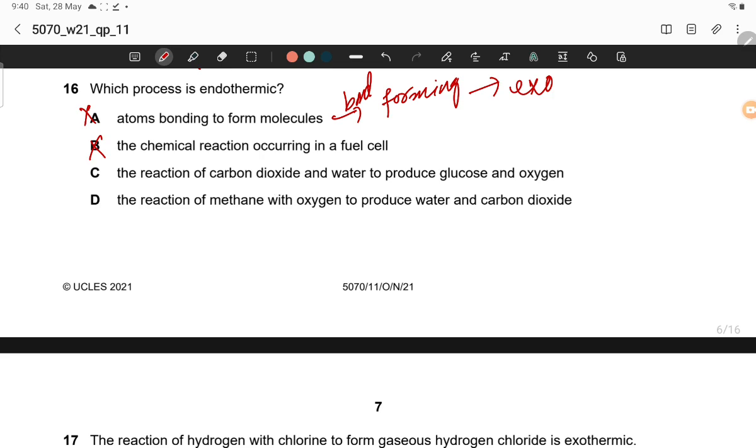The reaction of carbon dioxide and water produces glucose and oxygen. This is photosynthesis reaction, and photosynthesis needs light, so this is endothermic reaction. C is correct.